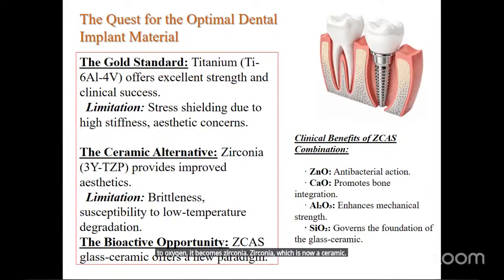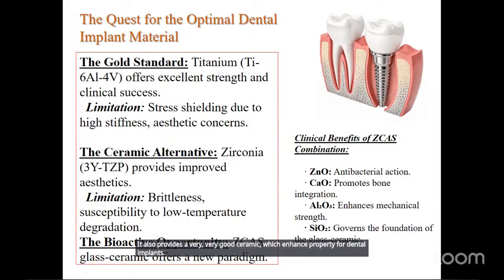This ceramic is also doped with yttria to give a result called TZP, which stands for tetragonal zirconia polycrystal. It also provides a very good ceramic with enhanced properties for dental implants.